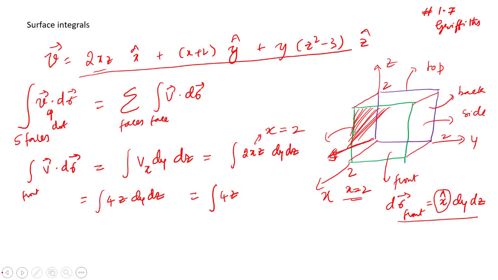The slides are changing themselves. So dy dz. I'm going from 0 to 2 for y and I'm also going from 0 to 2 for z, right? So then I can perform this integration, 0 to 2 and 0 to 2 for y and z. I have 4z dy dz.